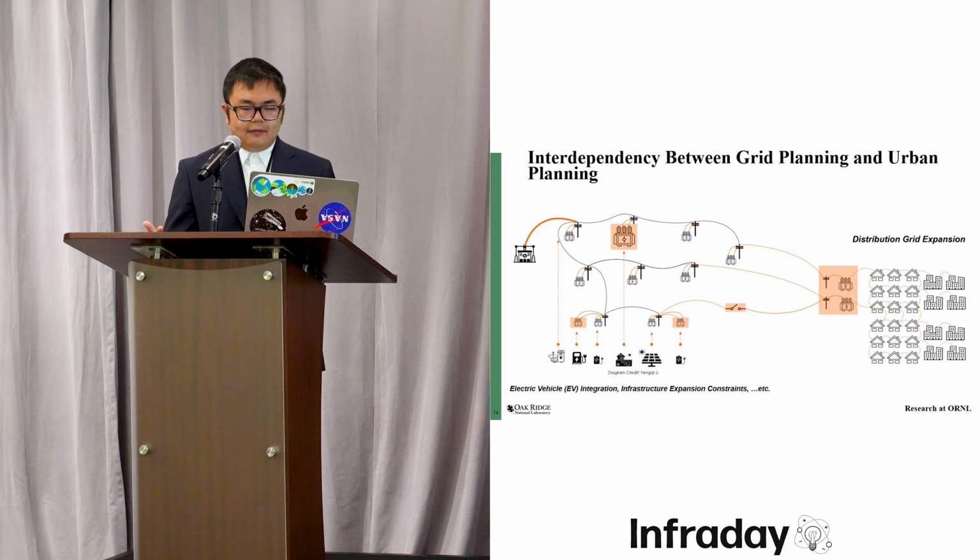In this case, urban planning must collaborate with the power grid planners to ensure the infrastructure can handle the increased load from the EVs, avoid potential blackouts, and ensure reliable EV charging options.